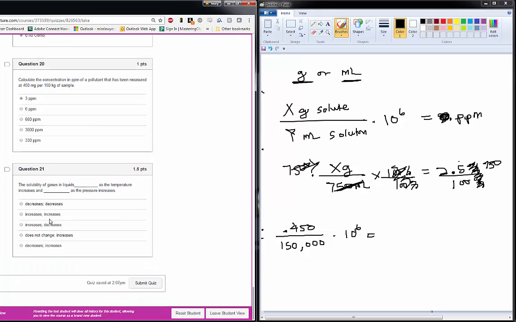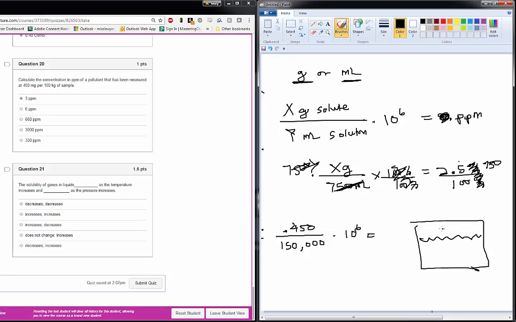And finally, the solubility of gases in liquids does what as the temperature increases, and does what as the pressure increases? So we might have memorized this, but if we didn't, then we could just stop to think about it for a minute. I've got a liquid, and I've got gas particles, which have lots of energy. They're running around, and I've got some of those gas particles dissolved in that liquid.